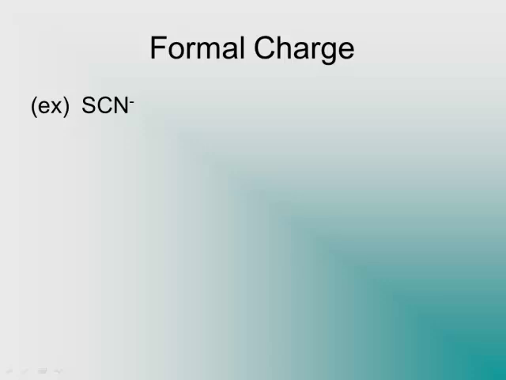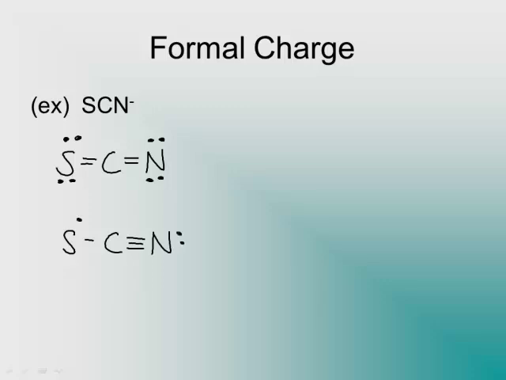In our last example, let's consider the thiocyanate ion. There's quite a lot of ways to draw this ion. We could start with the elements in the order shown. Do we use 2 double bonds? Do we put a triple bond on the right? Or maybe a triple bond on the left?